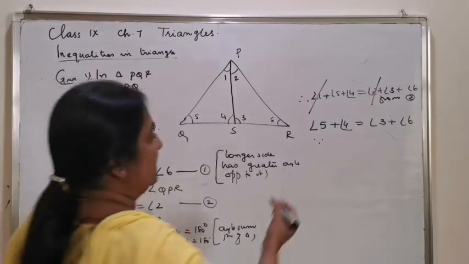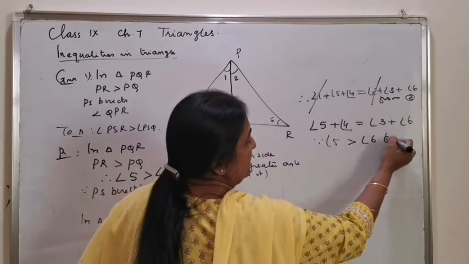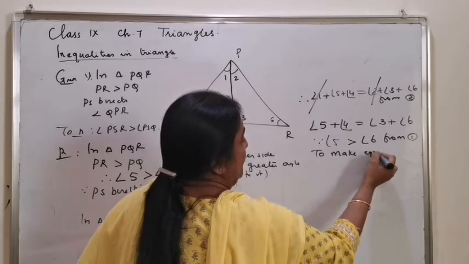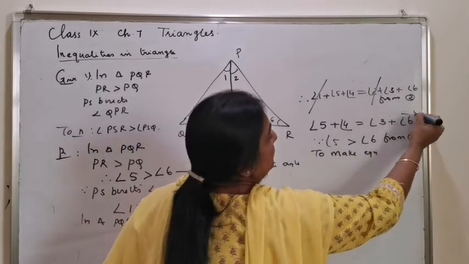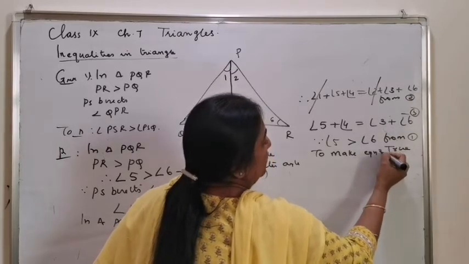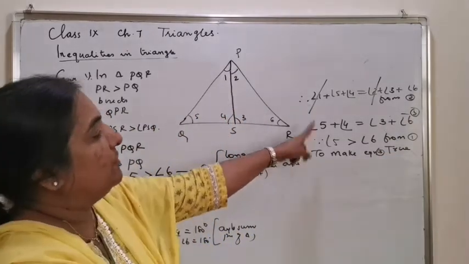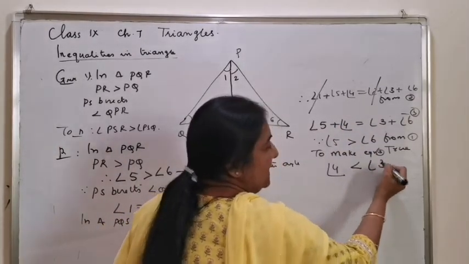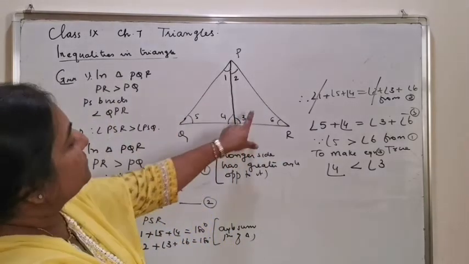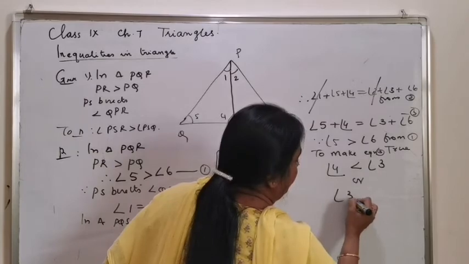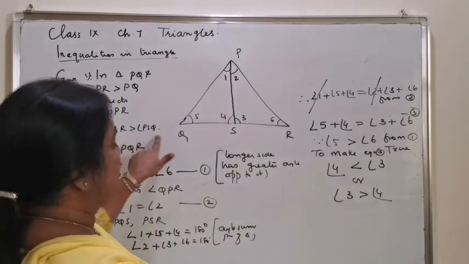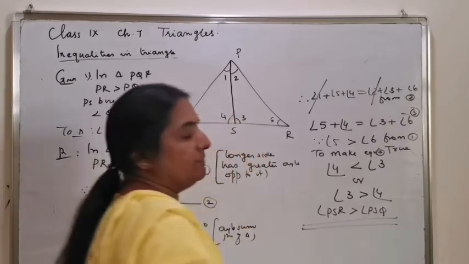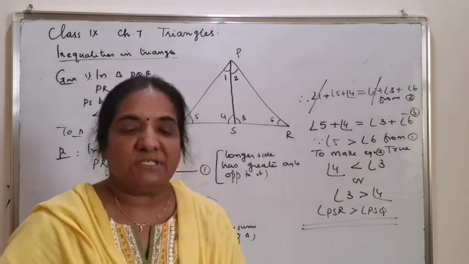Since angle 5 is greater than angle 6 from equation 1, to make equation 3 true, angle 4 has to be smaller than angle 3, or 3 is greater than 4, that is, angle PSR is greater than angle PSQ. That is the logical reasoning you can give for this question.